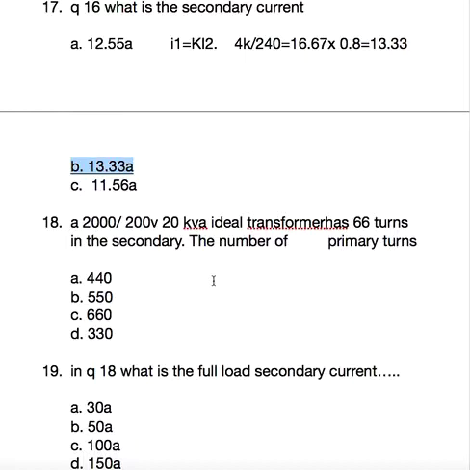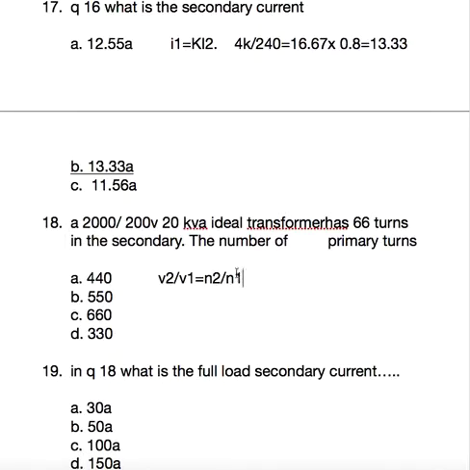We know the formula that, as I said earlier while finding the value of K, V2 divided by V1 is equal to N2 divided by N1. Here they have given V1, V2 and N2. The only value we have to find is N1.